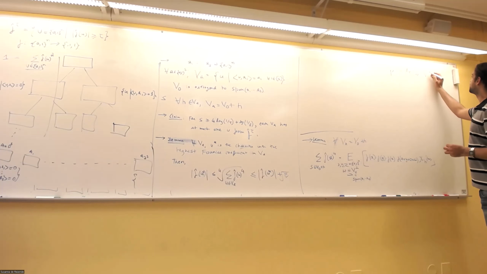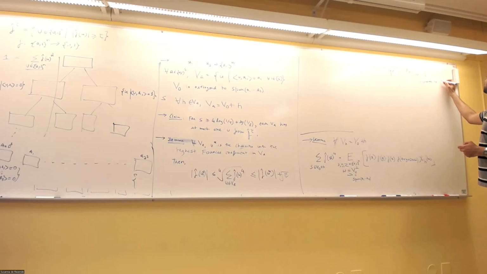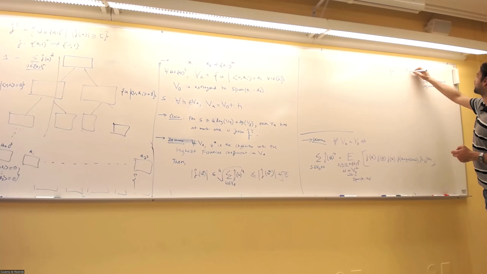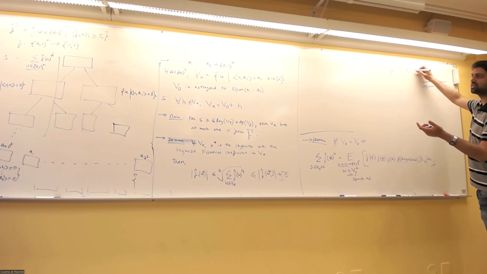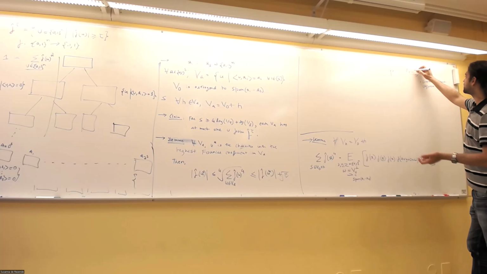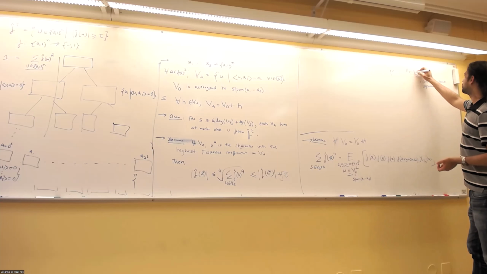firstly, computes the Fourier coefficient for each u. So when I say t here, t is nothing but say 1 over tau squared.